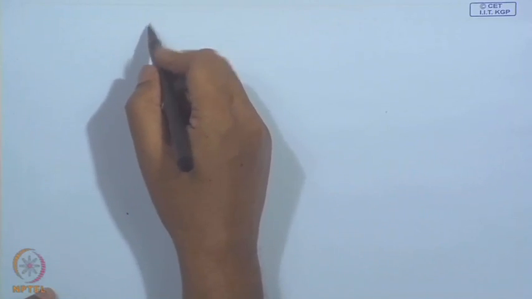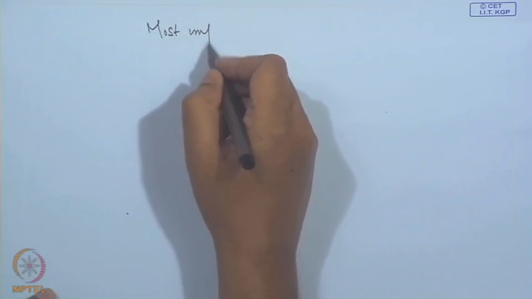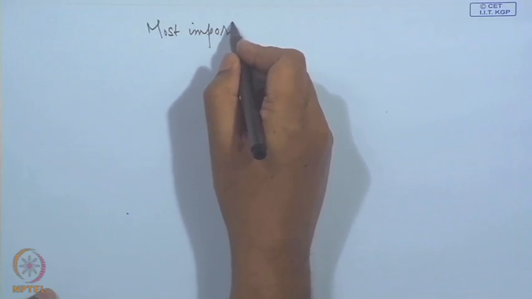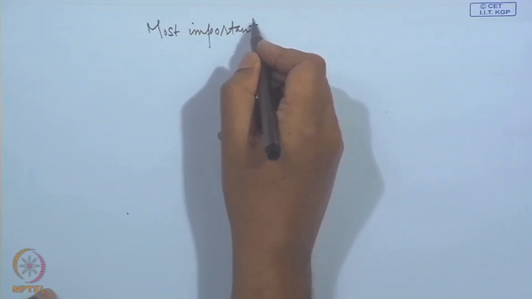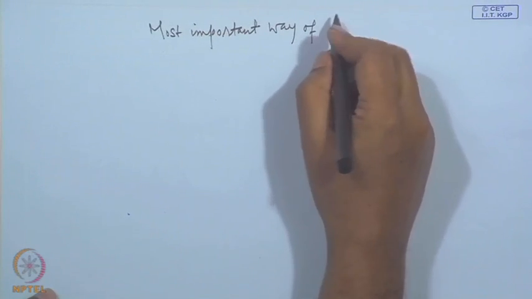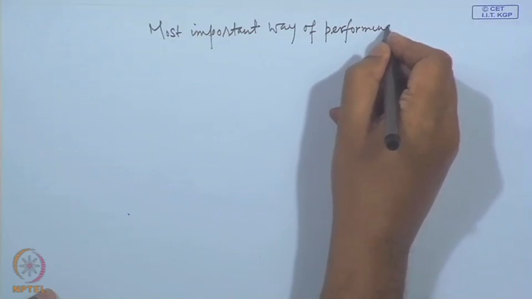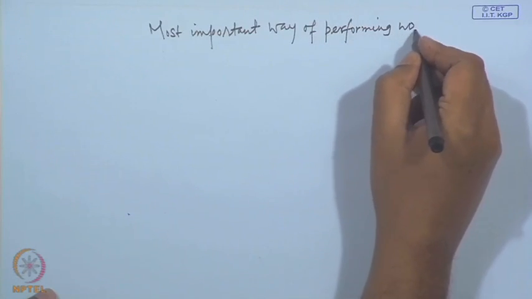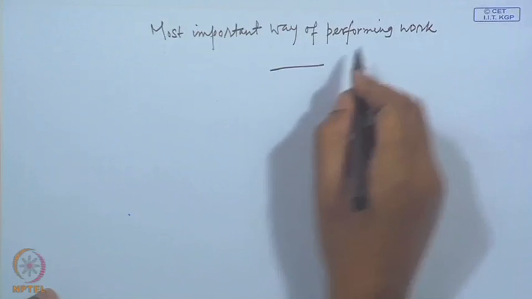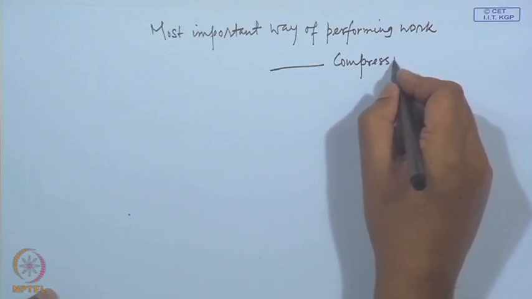So, let us look at that. The most important way of performing work is compression or expansion.